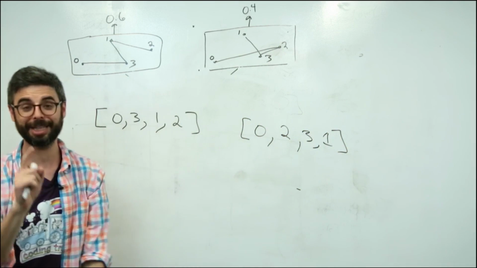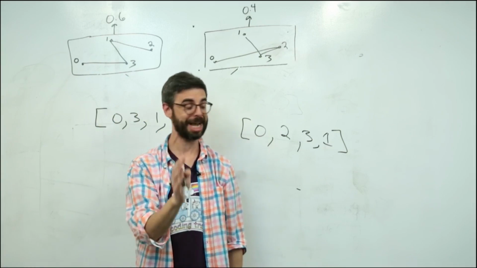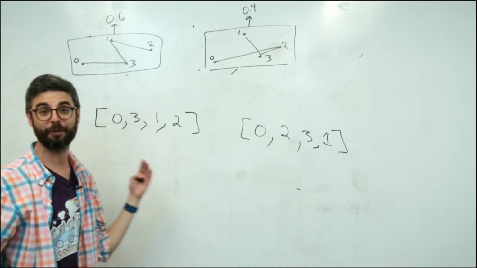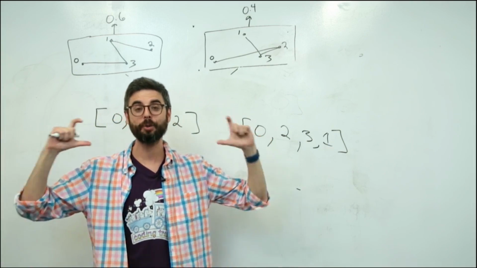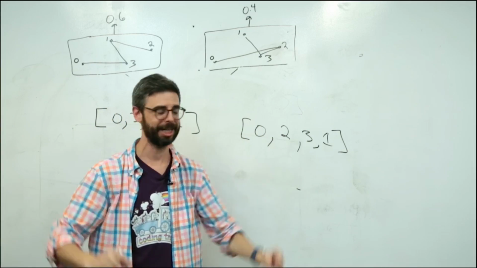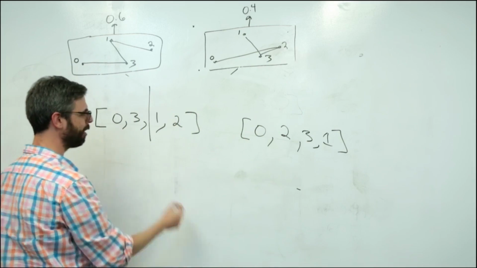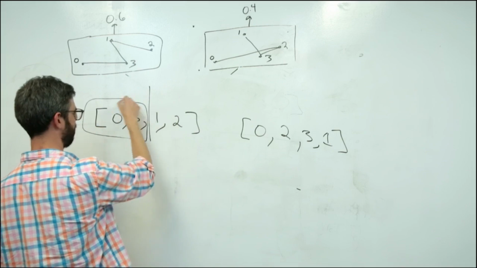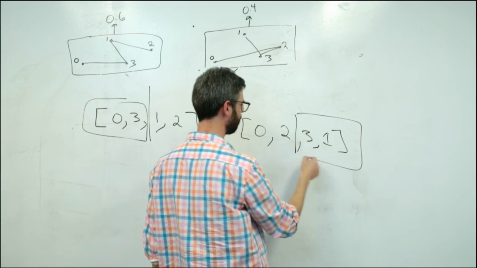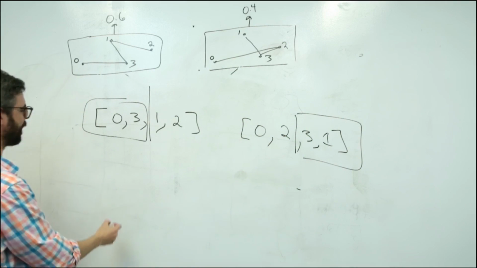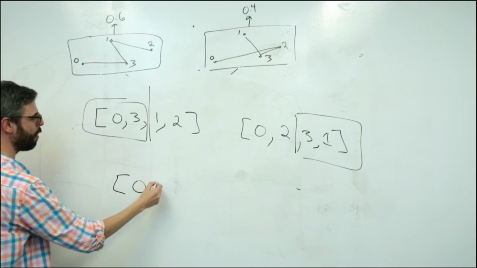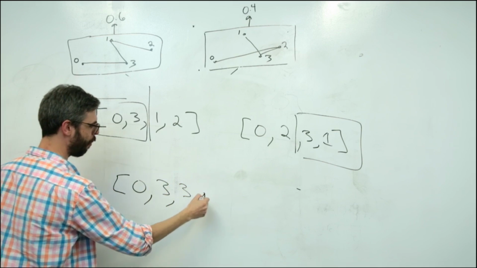Okay, so typically, if you've watched any of my other videos about genetic algorithms, the way that you could perform crossover with 2 arrays of genetic information is to take half of one and half of another and put them together, in which case my new order would be 0, 3, 3, 1.